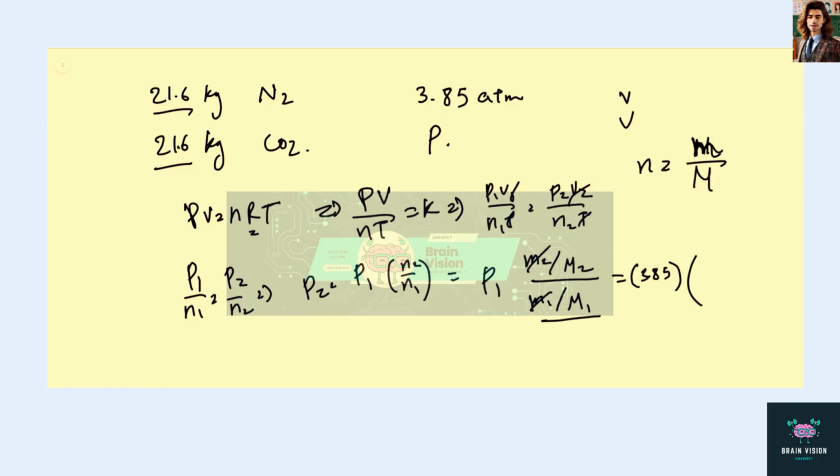M1 is the molar mass of nitrogen, which is 28.01 u, divided by M2, the molar mass of carbon dioxide, which is 44.01 u. We can cancel the units u, giving us P2 is equal to, by substituting into a calculator, we can see it is 2.45 atmospheres.